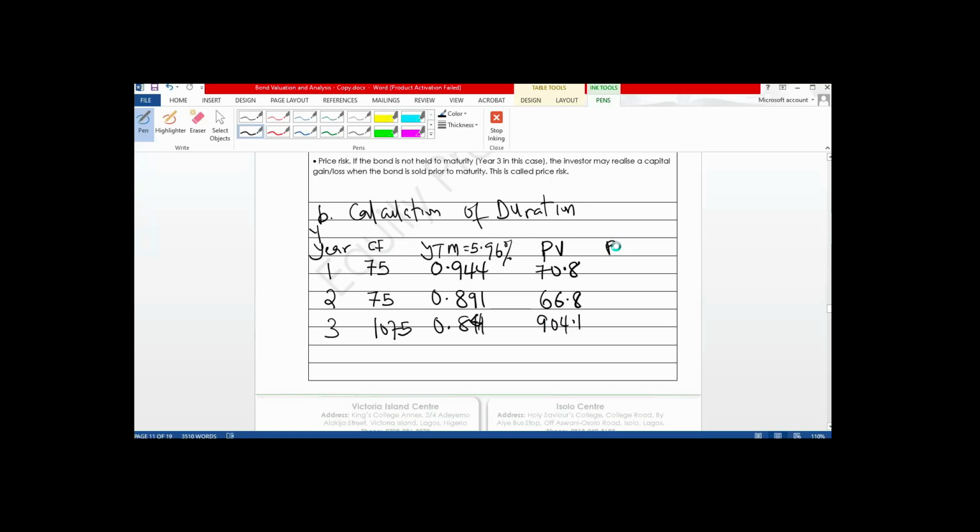Then the last column, present value multiplied by n.